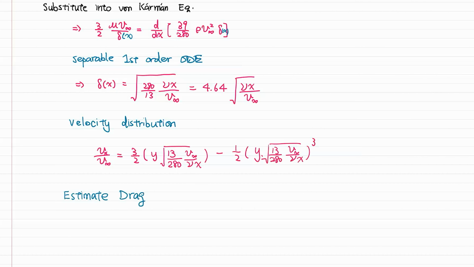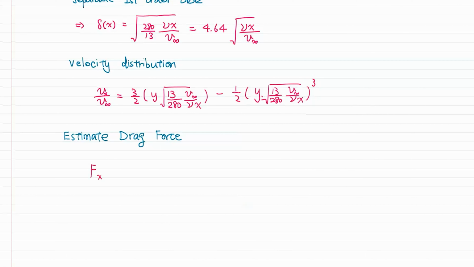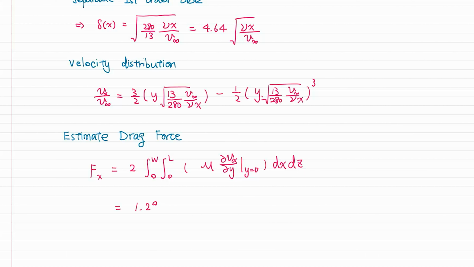We see that the force as a function of x along that object would be 2 times the integration from 0 to w and the integration from 0 to L of mu times partial Vx partial y at y equals 0, so at the surface of the object, times dx dz, which equals 1.293 times the square root of rho mu L w square over V infinite to the third power.